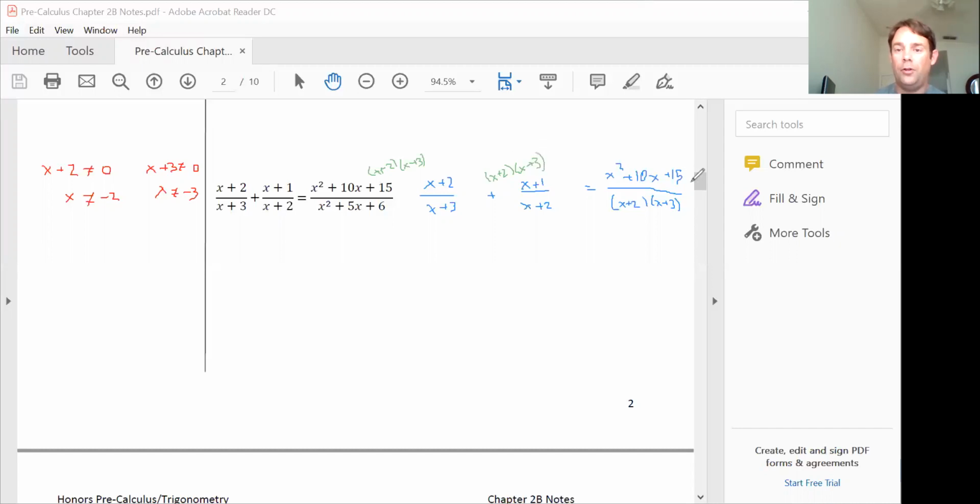And this one right here will also be multiplied by x plus 2 and x plus 3. And then, just like before, cancel out the factors that they have in common. So gone and gone, gone and gone. And whoop, whoop, they're all gone.